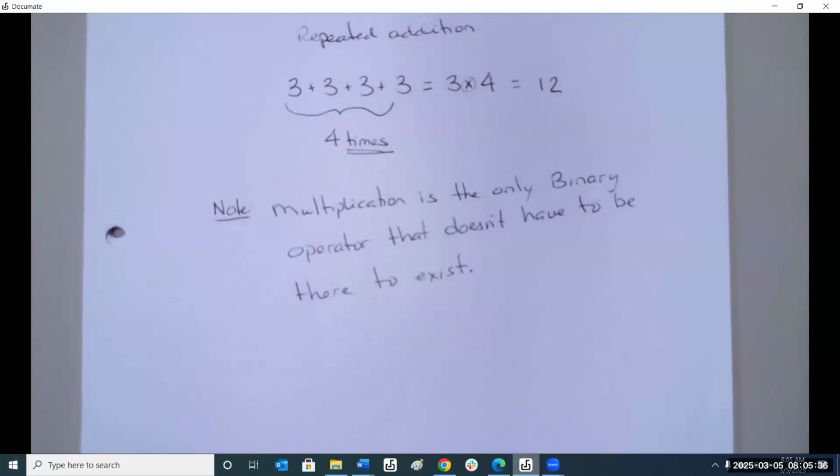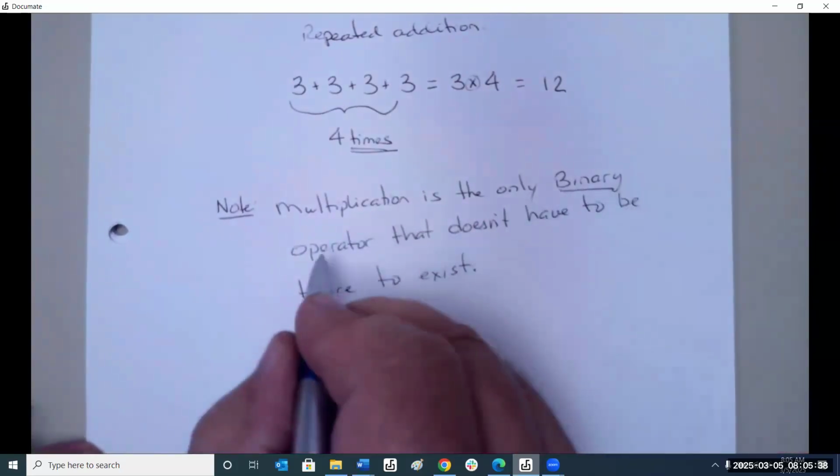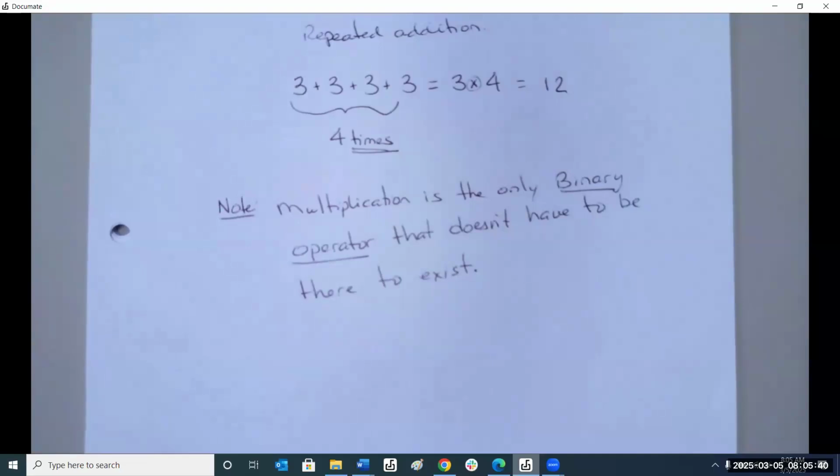Multiplication is the only binary operator. Okay, let's go back. We have to know the words. What does binary operator mean?